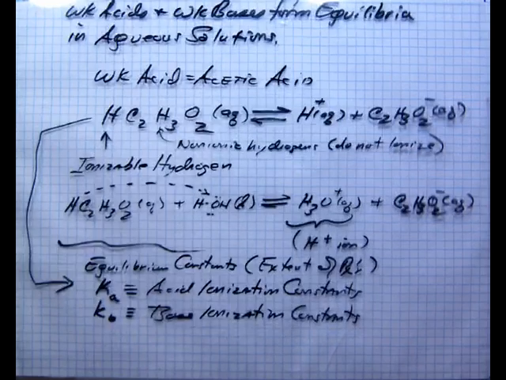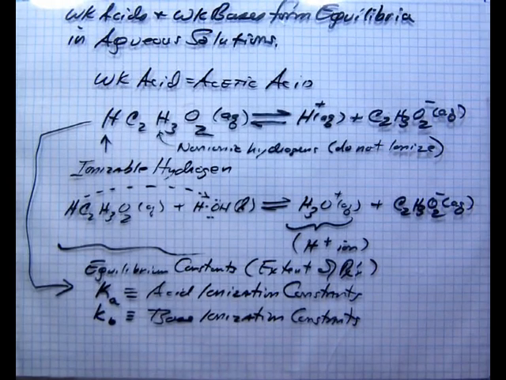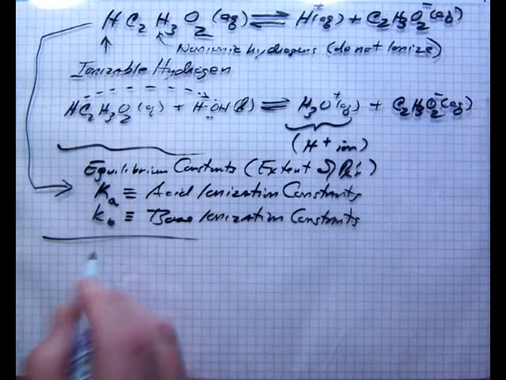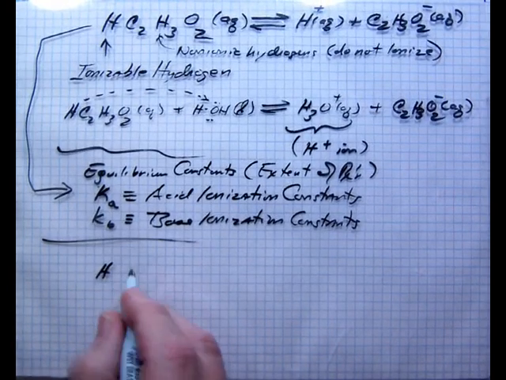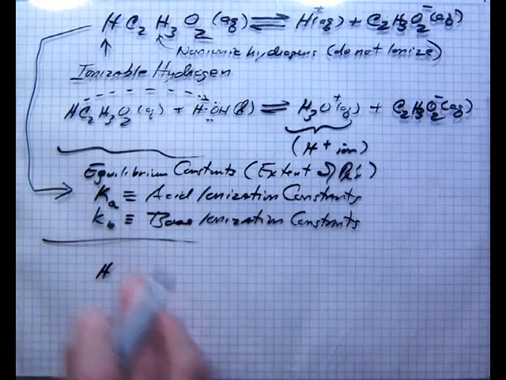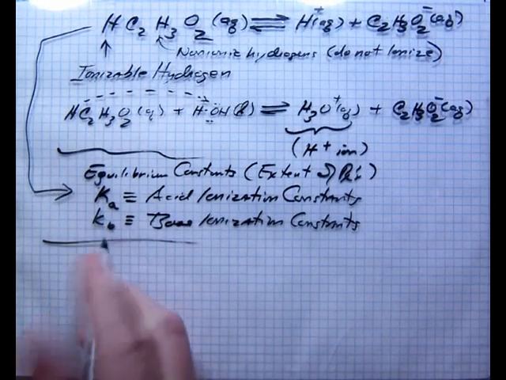The analysis of this, either the Ka or the Kb, I'll come back up here a little bit more. If you have weak acids, and I'll use acetic acid as an example, we can write it in some different forms.